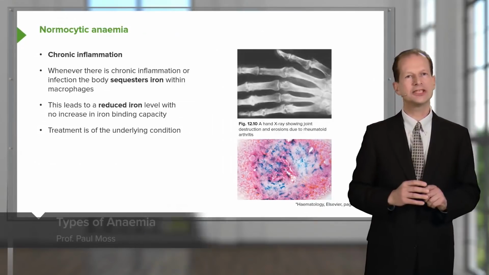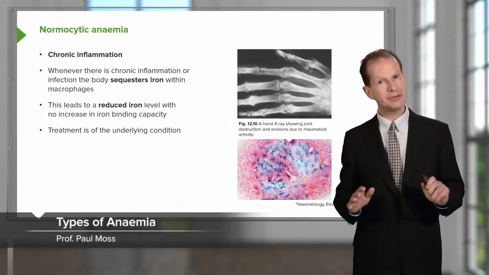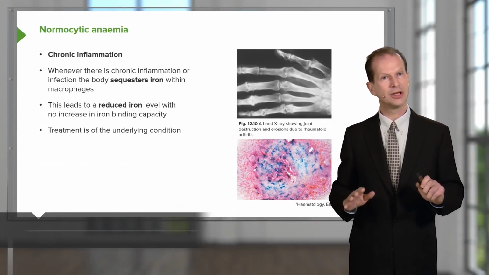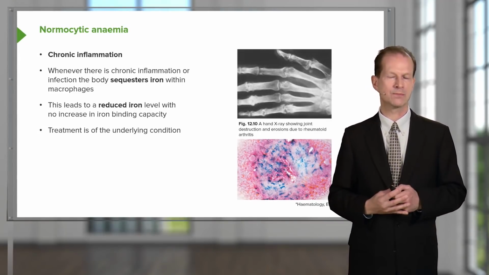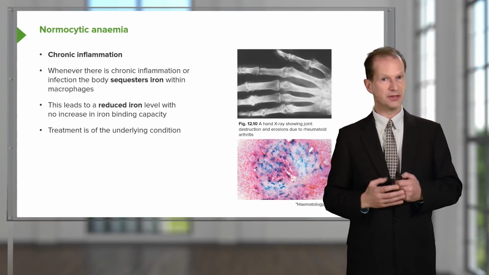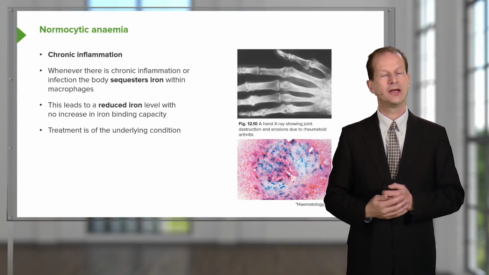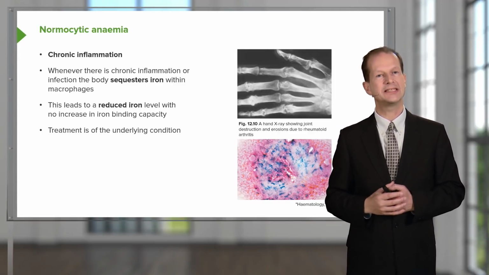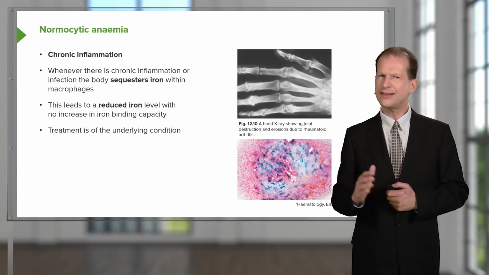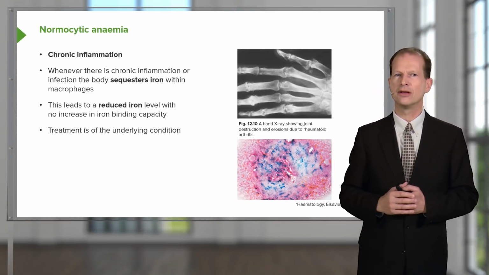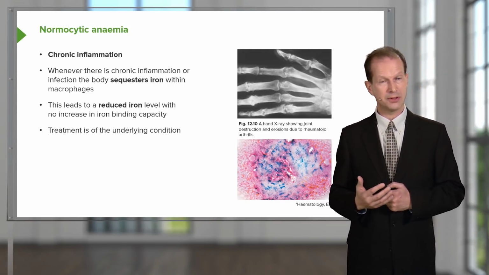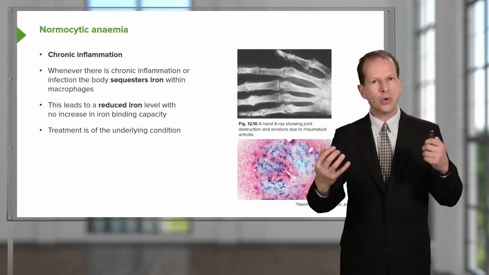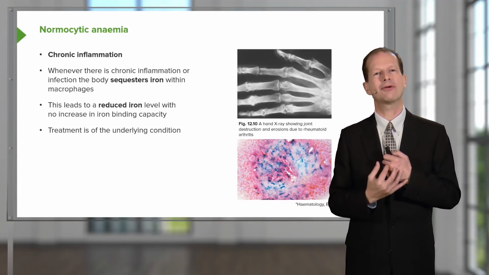Now let's look at a range of diseases in which the anemia is associated with red cells of a normal size, normocytic anemia. One of the most common that we see in hospitals now is the anemia of chronic disease, the anemia of chronic inflammation. This is a very interesting background. Whenever there is chronic inflammation or infection within our body, the body sequesters iron within macrophages.